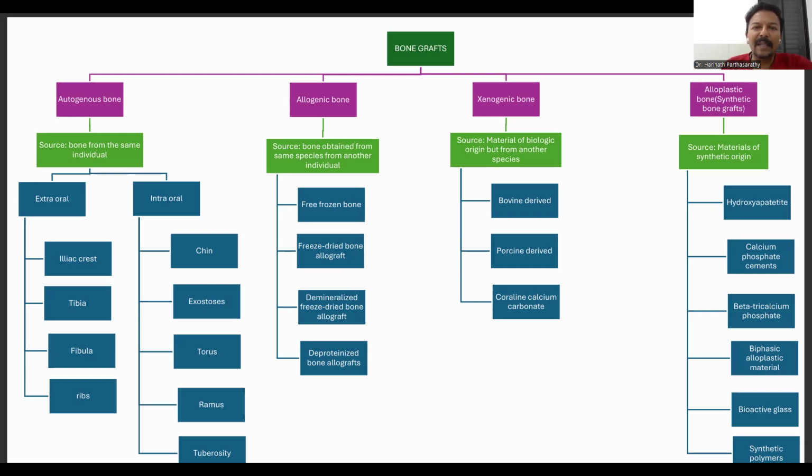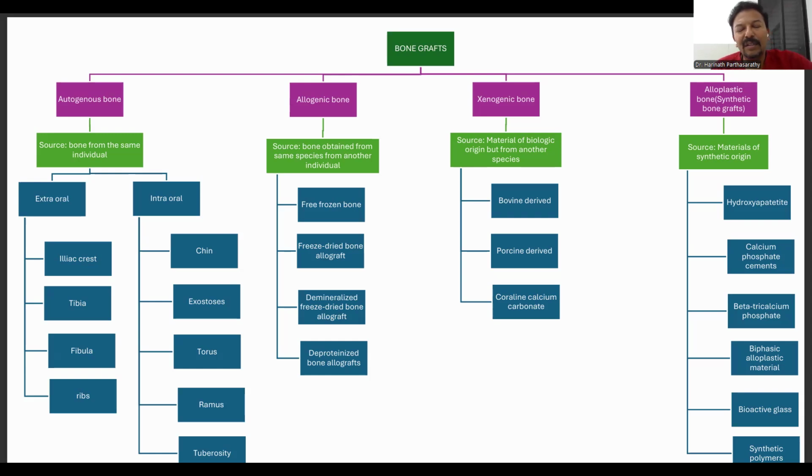The bone material is processed in such a way that it loses its immunogenic potential, so allergic and immunogenic reactions will not happen, because of a process called lyophilization. It removes all the immunogenic potential of those bone grafts.